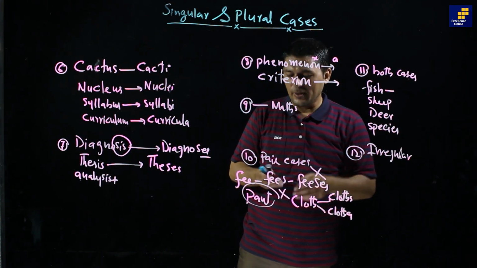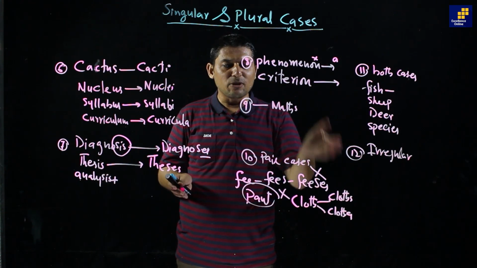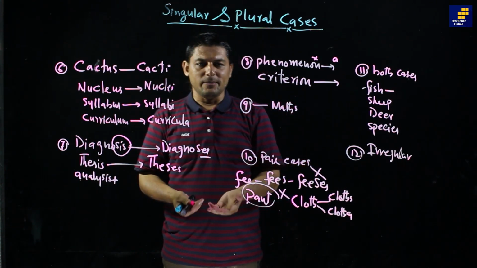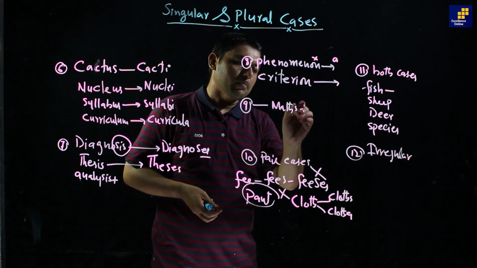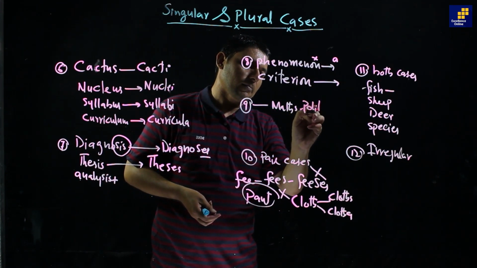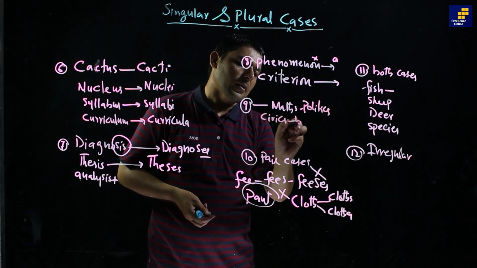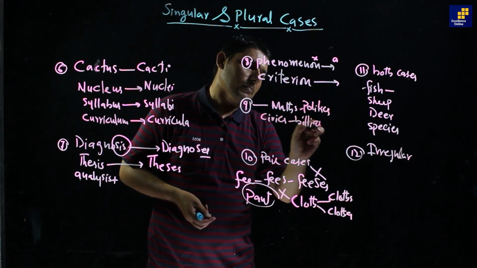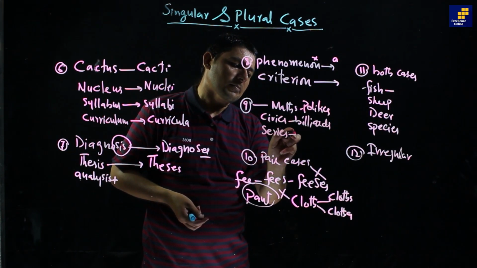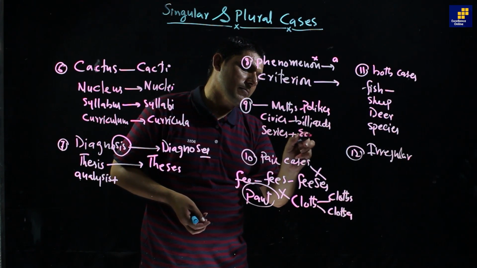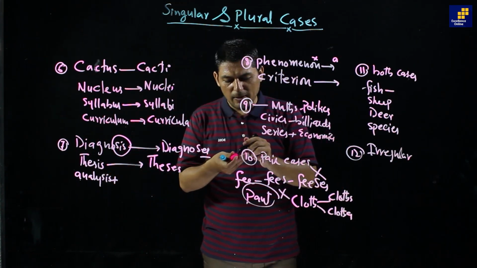Okay, we have certain words that have an S at the end but are always singular. Example, we have mass, politics, civics, billiards, series, economics, and these are all just a few examples.